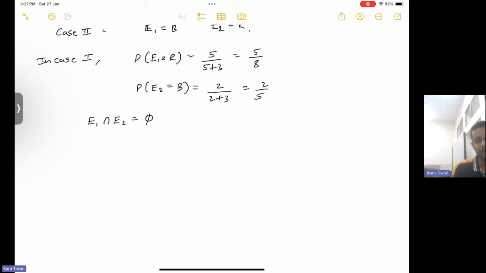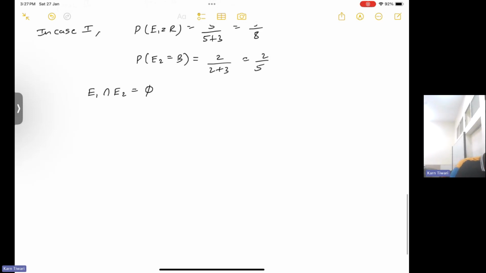That is, if I draw a red ball from bin A, it is not going to affect the probability of having another ball, whether blue or red, from bin B. So in case one, the probability of E1 equal to red and E2 equal to blue is just simply a product of each one of them.